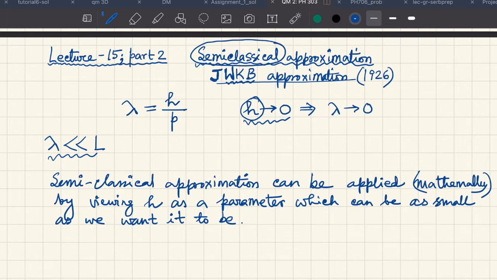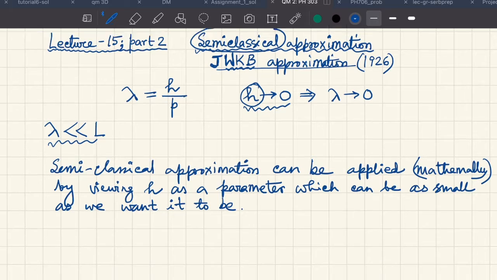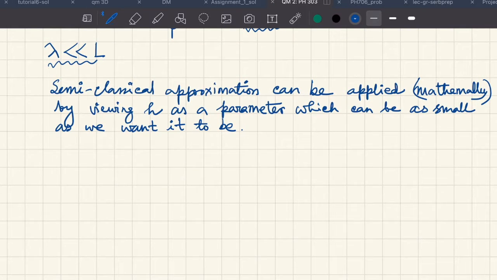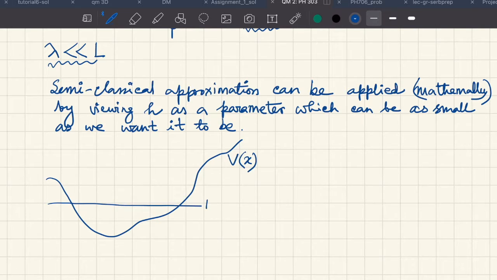Suppose now we are actually looking at a particular one-dimensional problem where we have a potential which we have denoted by V of x, and the particle has some energy E. Therefore this particle in classical physics, E minus V of x is the kinetic energy of the particle.